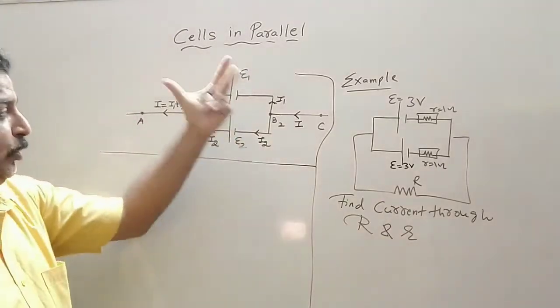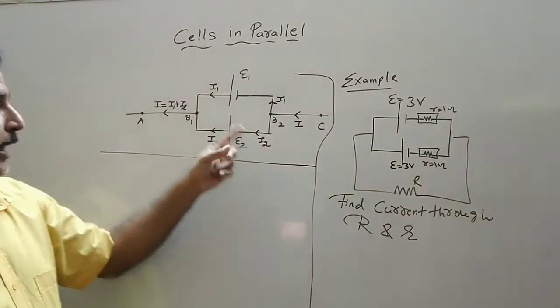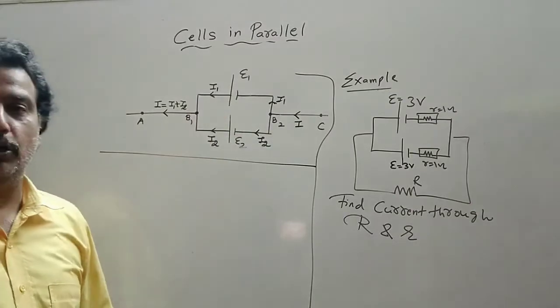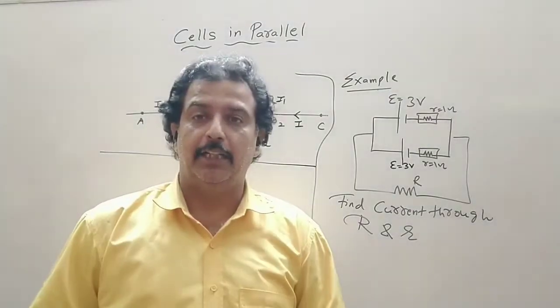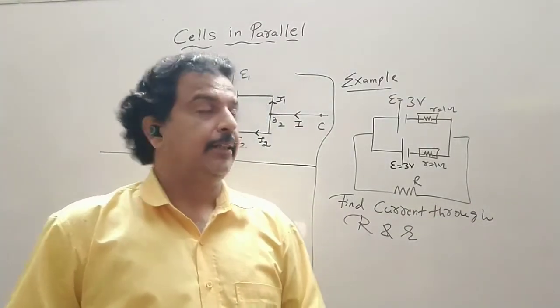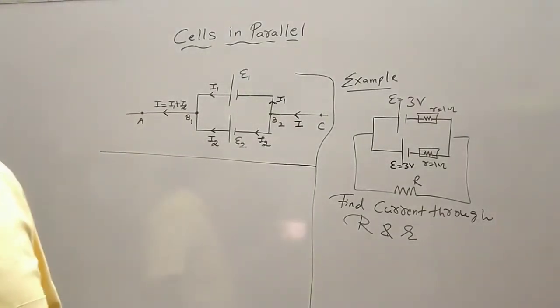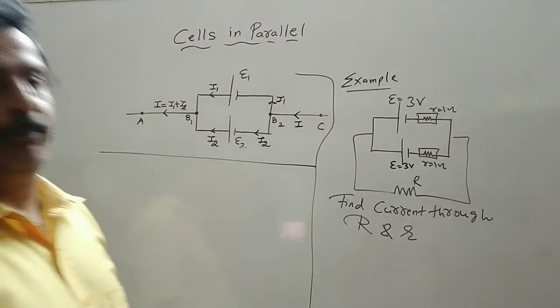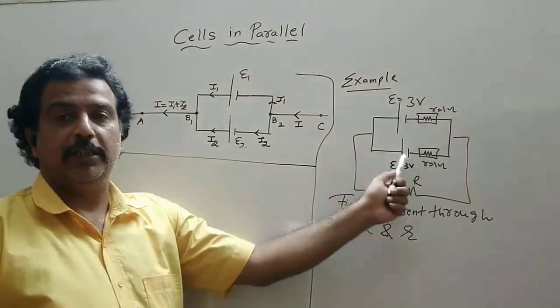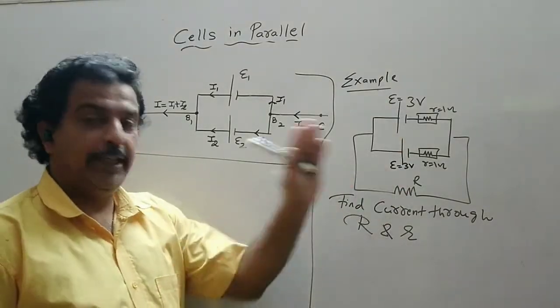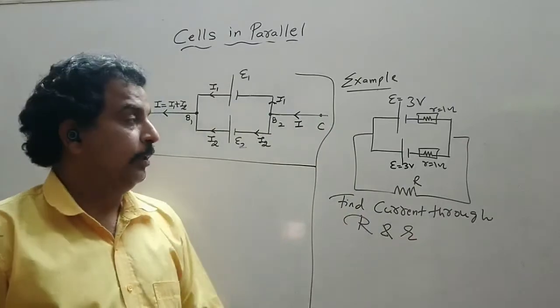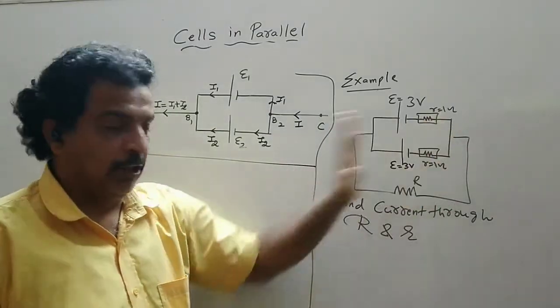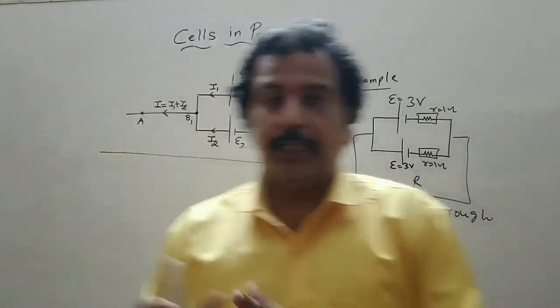So according to our theory, if two cells are connected in parallel combination and if they are identical, their EMF remains same. That we know. So here the EMF of both the cells is 3 volt. So equivalent is also 3 volt. Internal is 1 ohm. So see, there are two methods.